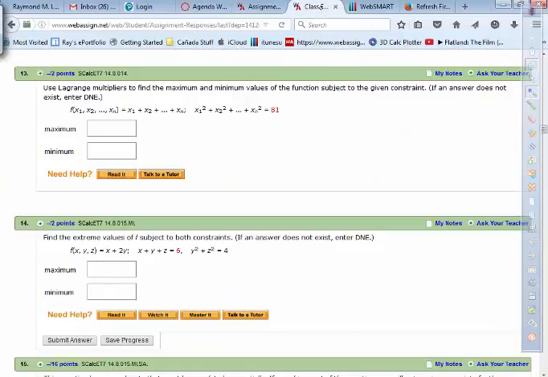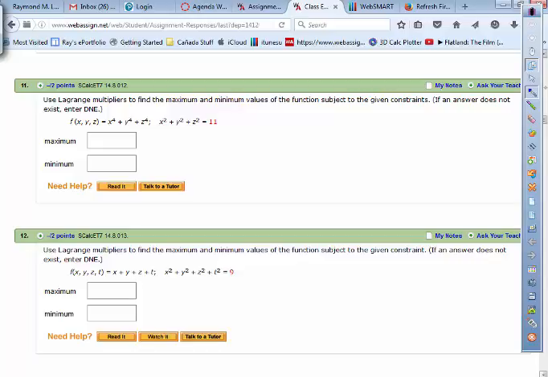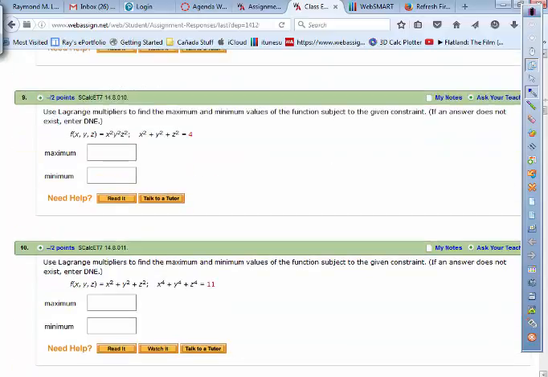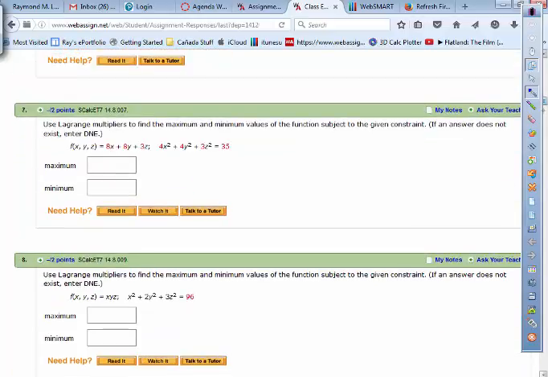And for this, I wanted to, let's see. Start with something 2-dimensional.